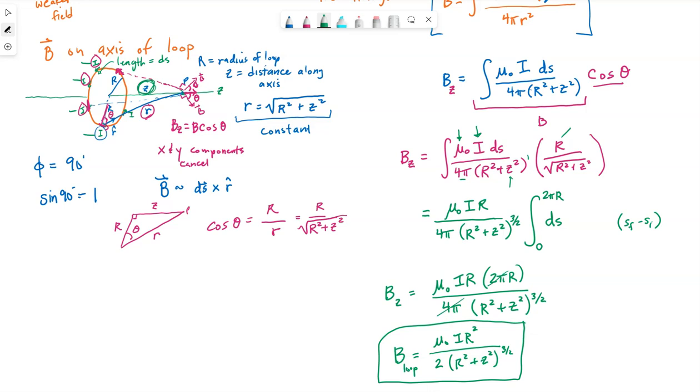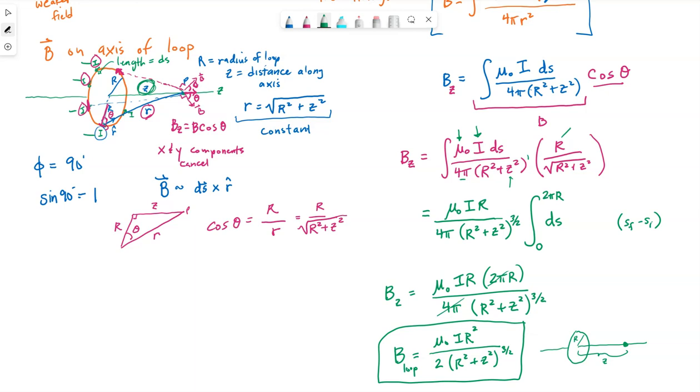This represents the magnetic field specifically on the axis, the line that goes through the center of the loop, a distance of z away from the center of the loop, and capital R represents the radius of the loop itself. I is the amount of current flowing through this loop.